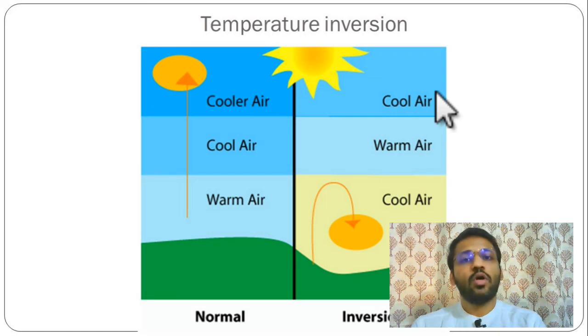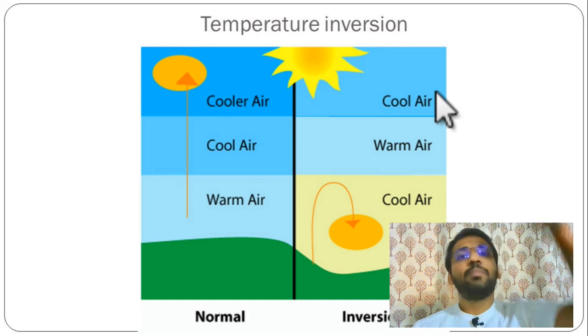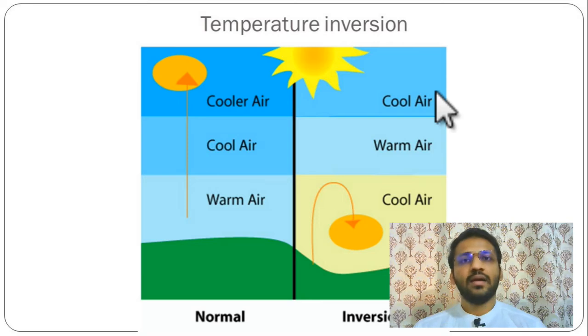So when the ground has lost its heat completely, this heat is captured by the upper layers, and the layer of air which comes in very close contact with the ground gets cooled and cooled.